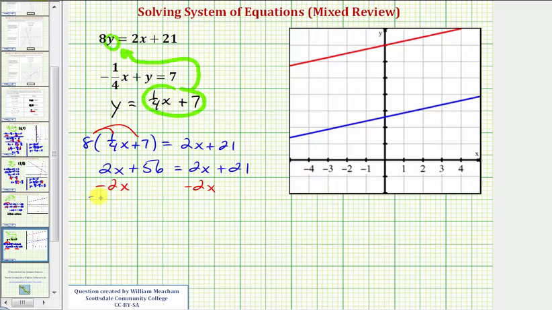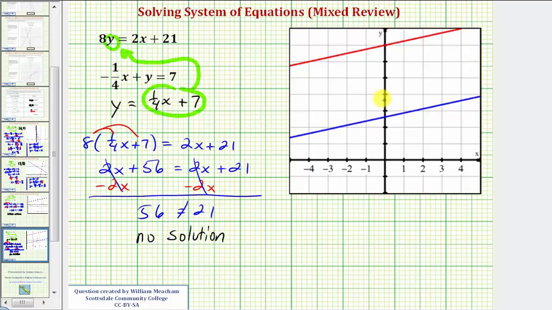But notice when we do this, we have 2x minus 2x on the left, which is 0, and we have 2x minus 2x on the right, which is also 0. So the variables simplify out, and we're left with 56 equals 21, which you know is never true. So when the variables simplify out and the resulting statement is false, that means we have no solution.